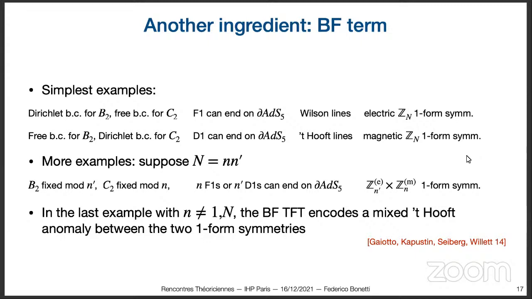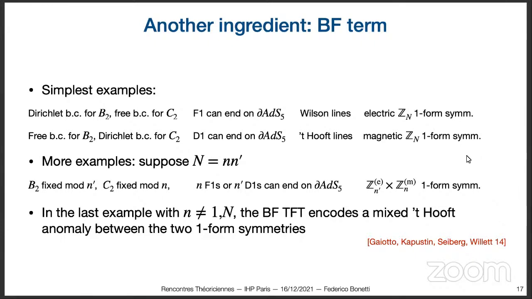And if one analyzes this situation, what comes out is that we actually now have both an electric and a magnetic one-form symmetry simultaneously with smaller ranks. As you can see, they're no longer the big N, but the smaller n and n prime. And another interesting phenomenon of this choice of global structure of the spectrum of line operators is that now these two factors have a mixed 't Hooft anomaly.